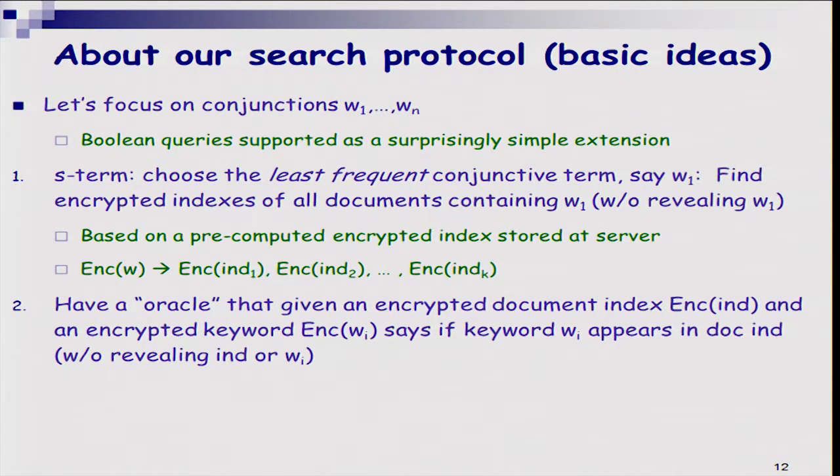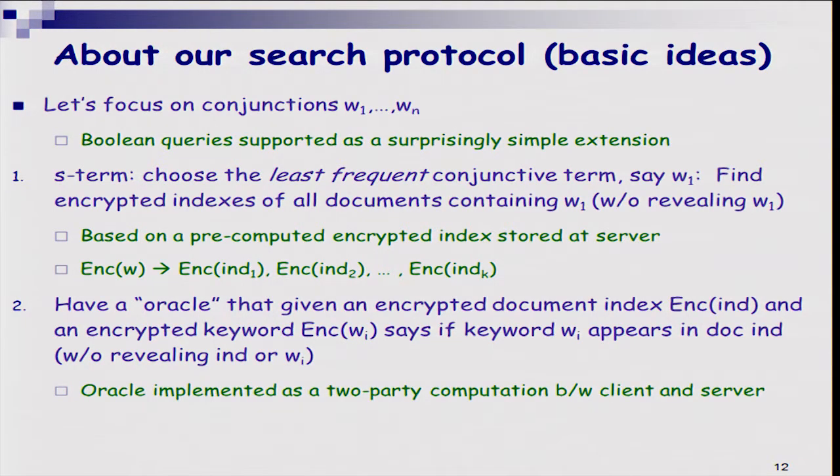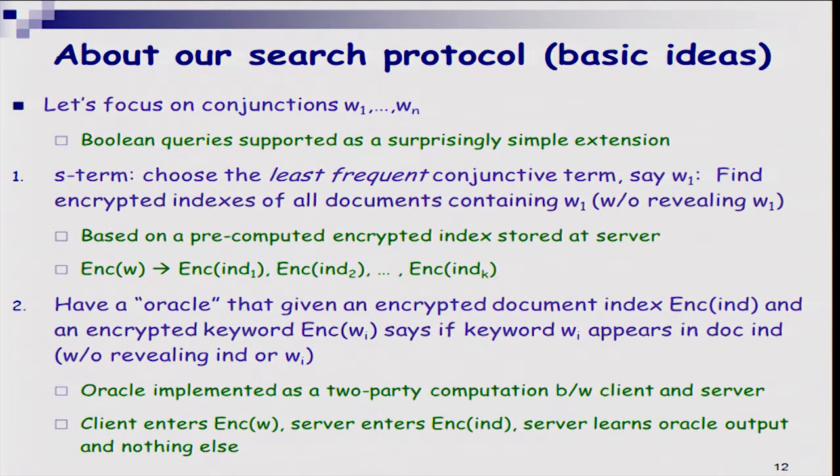The other element is that we have an oracle that, if it gets an encryption of an index and an encryption of a keyword, will tell you if the keyword appears in the document with that index, without revealing the index or the keyword. Now, we implement the oracle as a two-party computation between the client and server.